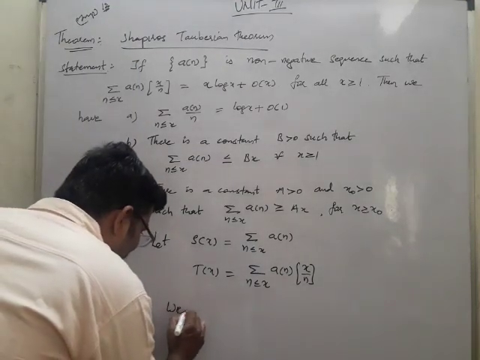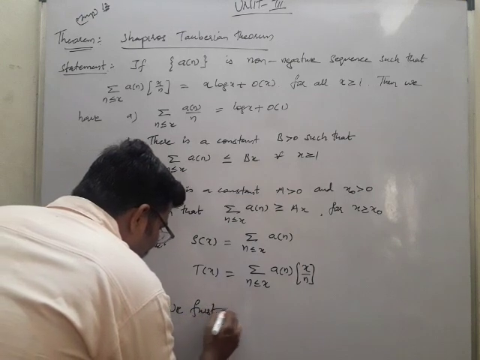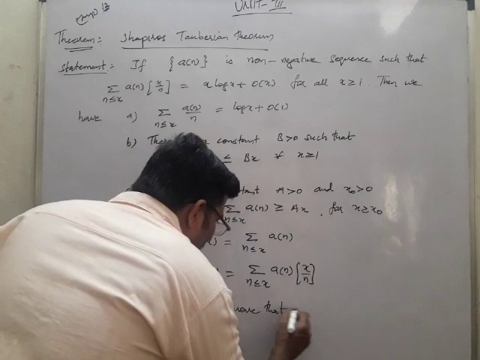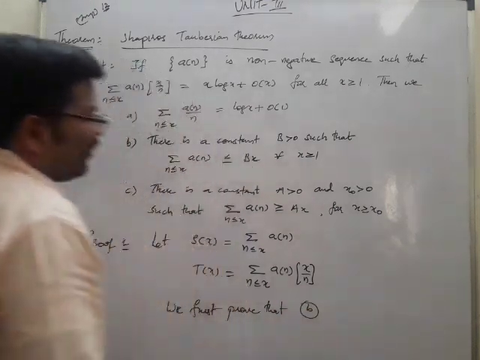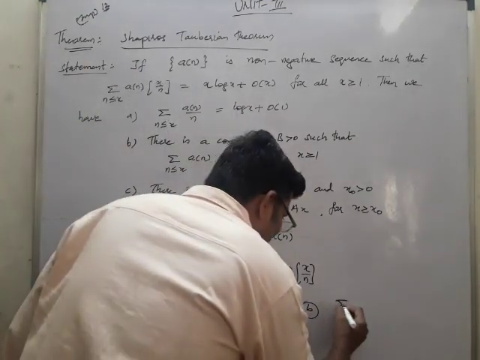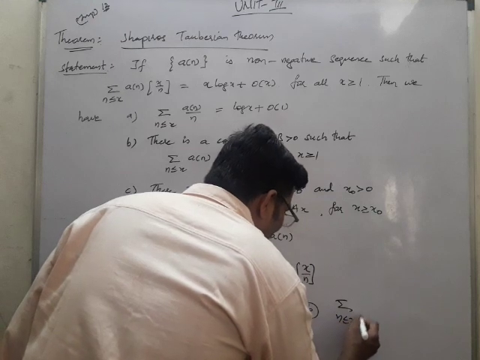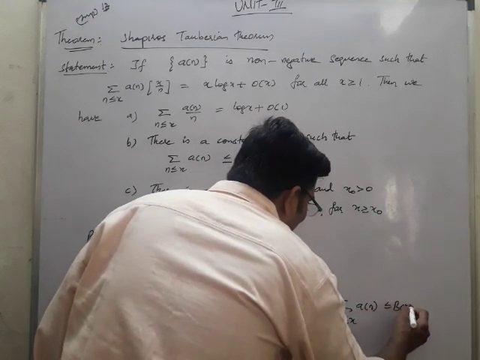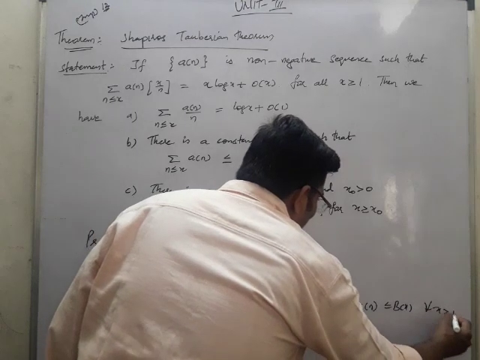We first prove that b, that is, the summation over n less than or equal to x of a of n is less than or equal to bx for all x greater than or equal to 1.